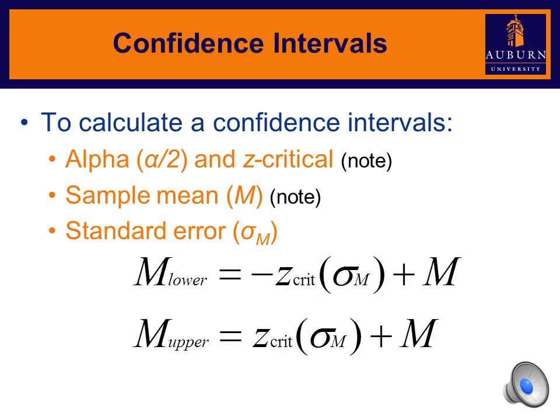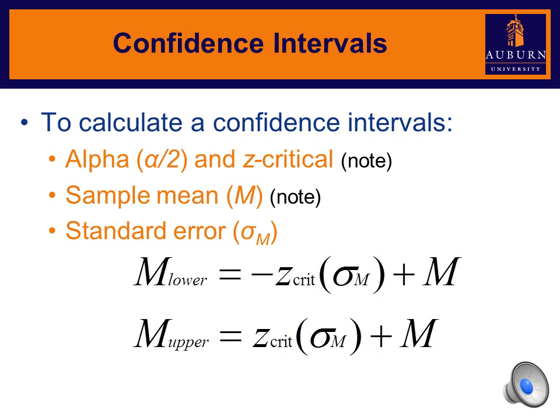The reason is that we want to create a range around the sample mean. If the sample mean is our best guess, the estimate for the population mean, then we could be wrong. Our sample mean may be higher than the true population mean, or it may be lower. And so we need to set critical values in both tails of our distribution, in both directions.